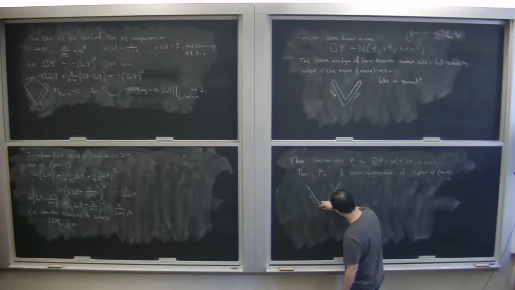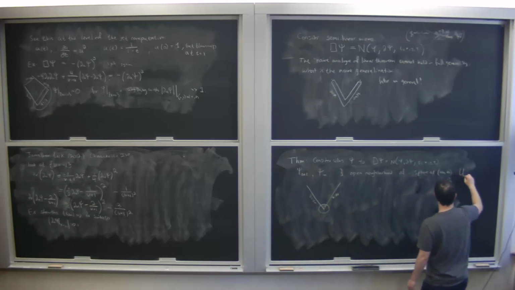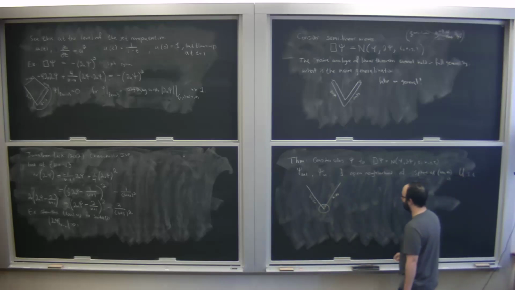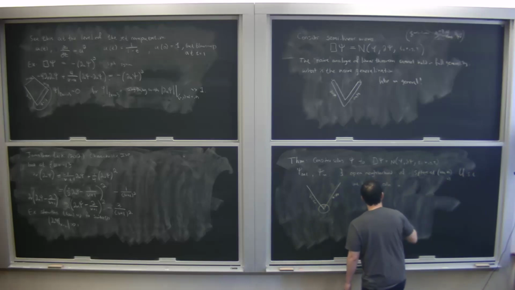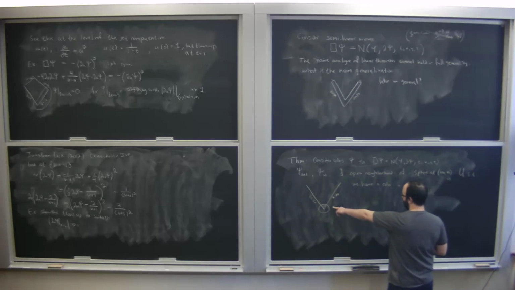So there's an open neighborhood of the sphere, call it U, such that we have a solution in this.